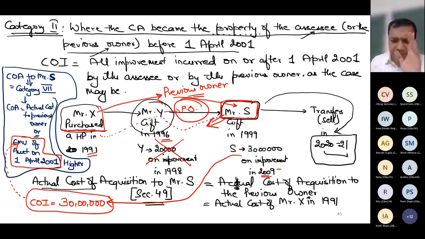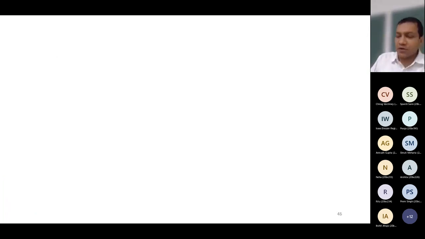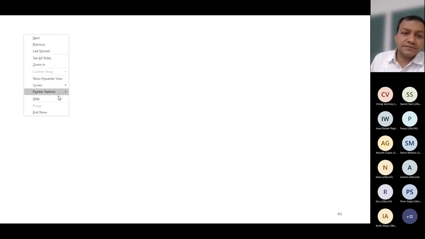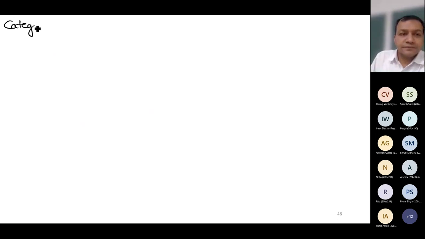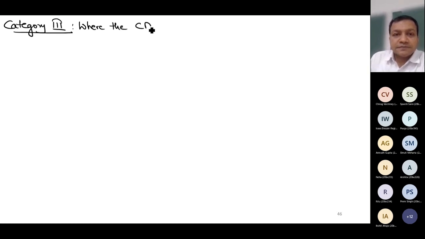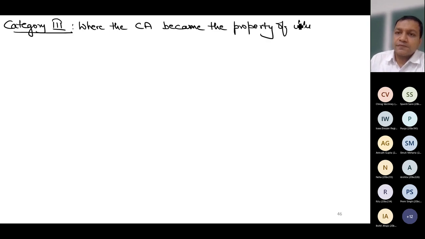If still not understood, first let us wind up category number 3, then you can ask me the doubts if you have. Category 3. Where the capital asset became the property of the assessee in other situations.